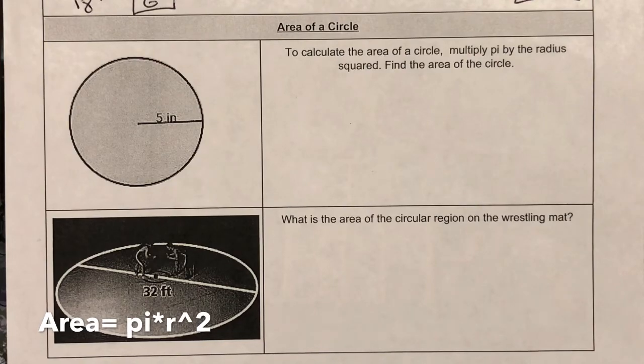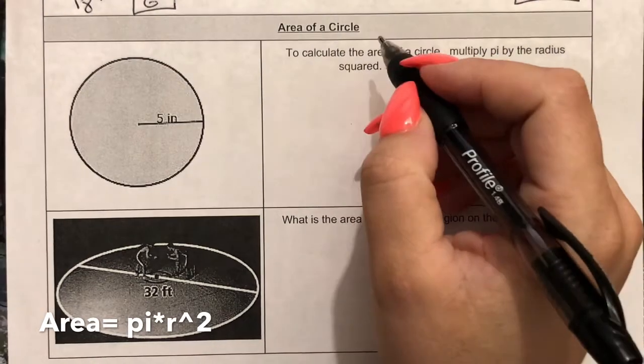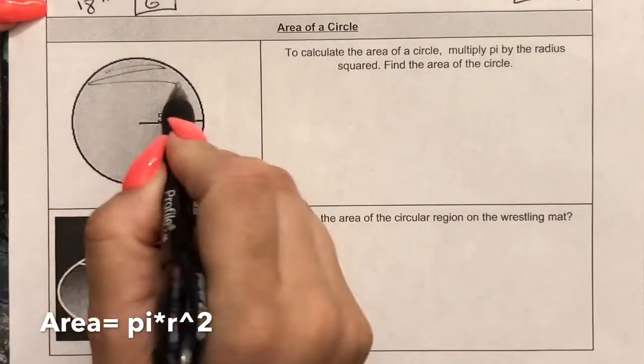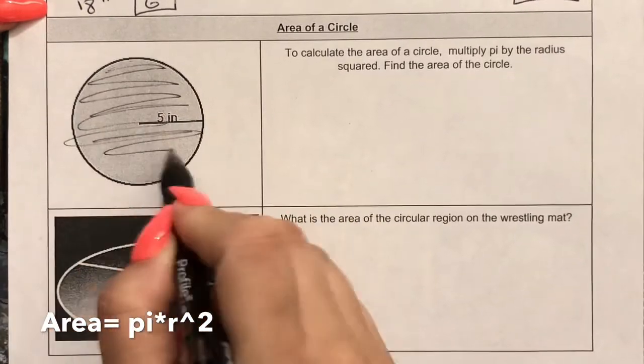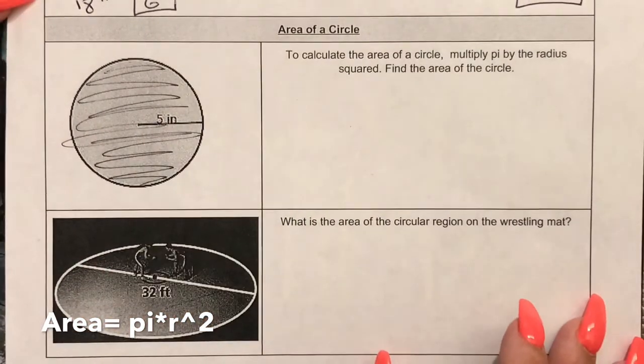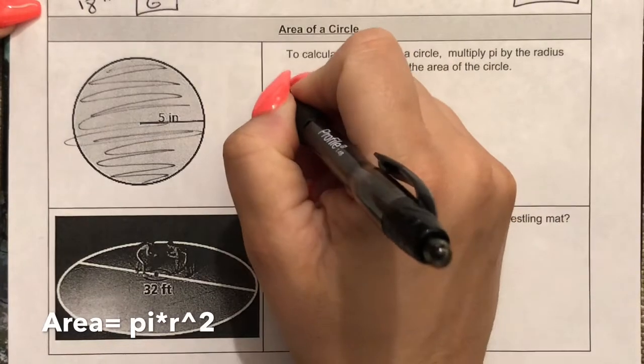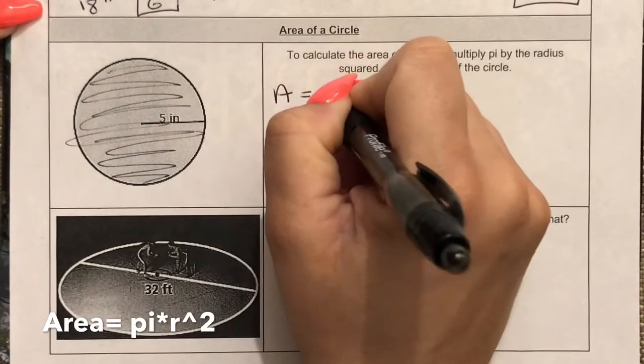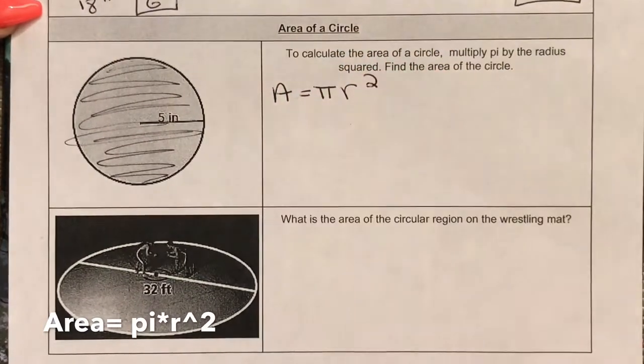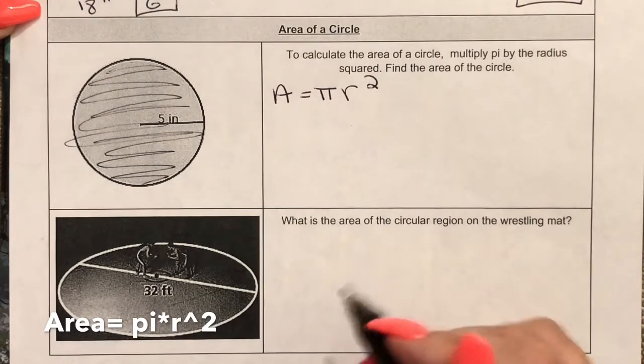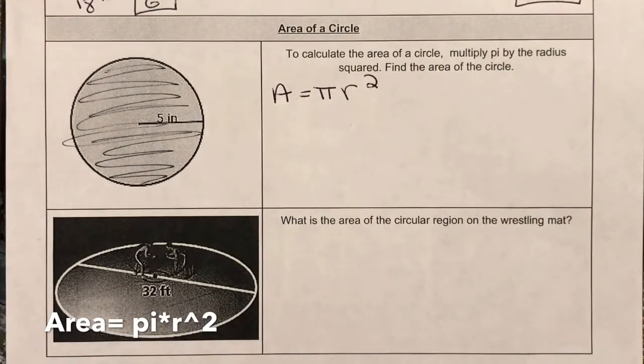But in these two examples, I'm going to focus on finding the area of the entire circle, not just the sector, but the entire circle. So I do need a formula for that. The area of a circle can be found by using pi r squared. We are going to write the answer in terms of pi and with the decimal.